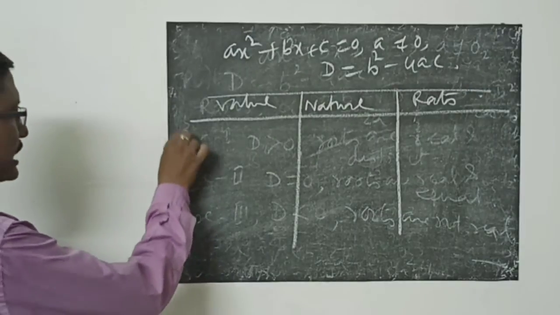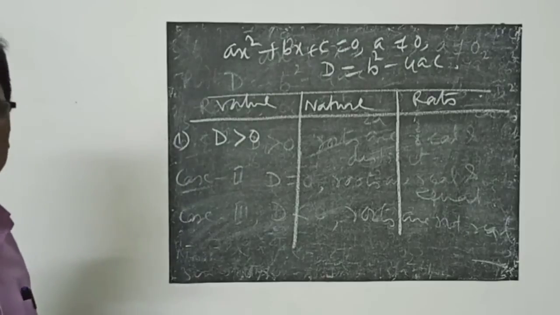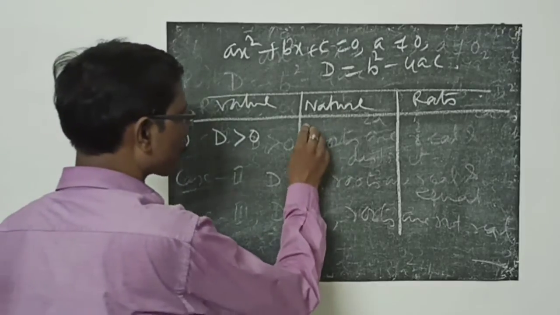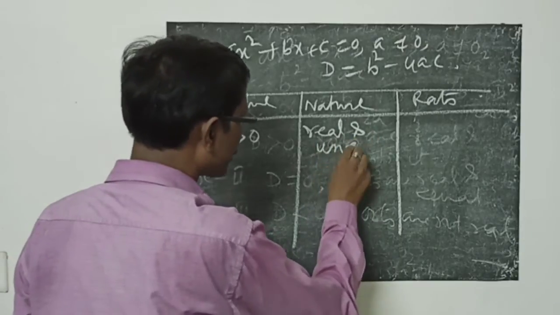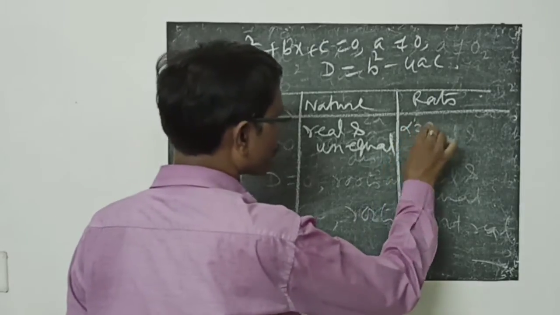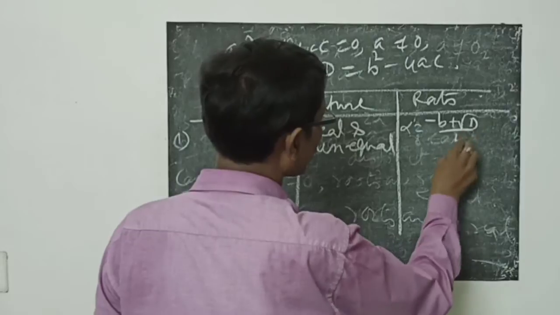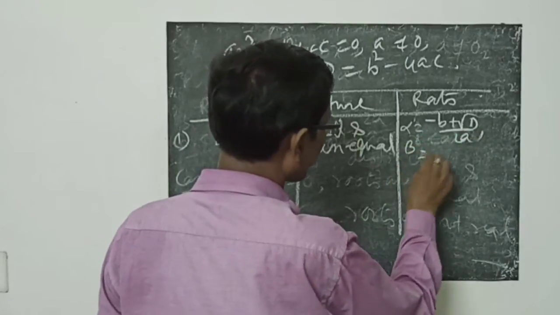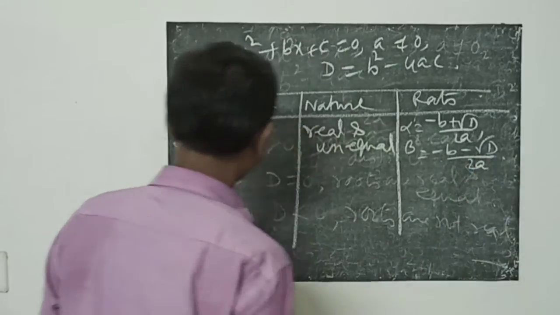First case, D is greater than 0, any positive value. Then the nature of the roots will be real and unequal, or distinct. And the two roots will be alpha equal to minus b plus root D by 2a, and beta equal to minus b minus root D by 2a.